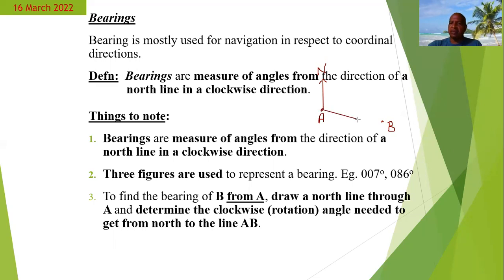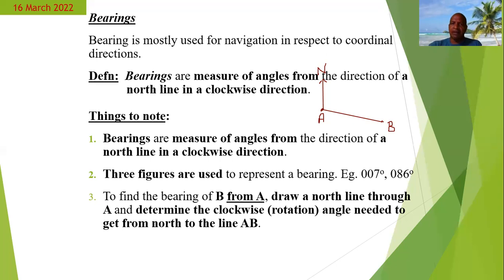Now you need to have this line so that we can measure the angle between the north line and that line. You see, remember, we can't measure an angle by using one line. We have to use two lines. And the two lines join at a point, and then the opening at that point is what we measure to give you your angle.